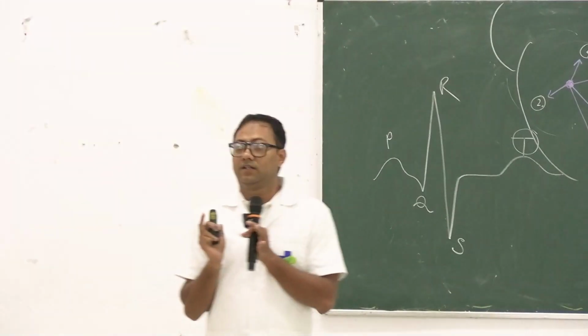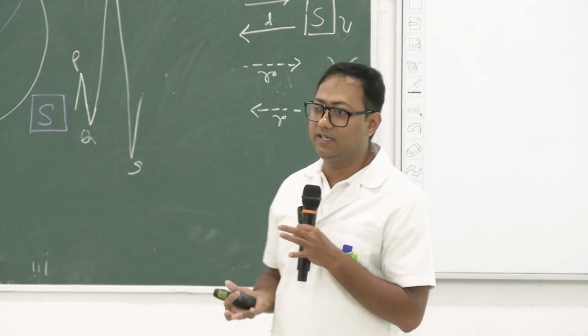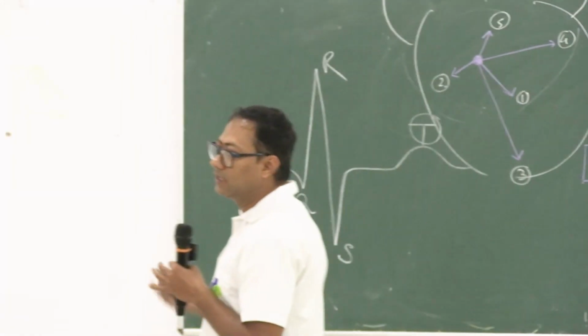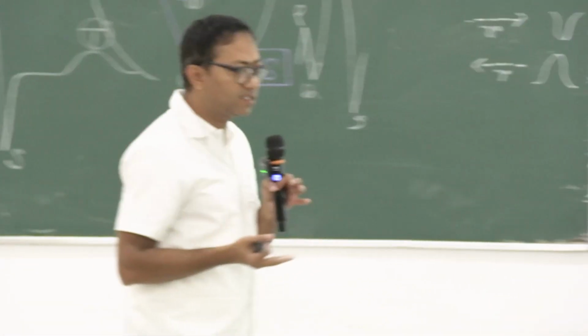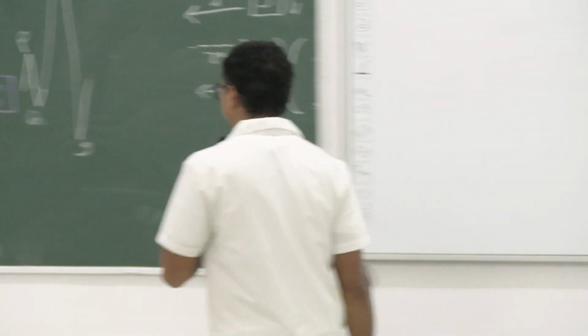So this is the basic mechanism of ECG, and the sensor here is basically lead 2. In ECG, we use multiple leads simultaneously: lead 1, lead 2, lead 3, AVR, AVL, AVF, and the chest leads V1 to V6. So let me write the names of the leads.